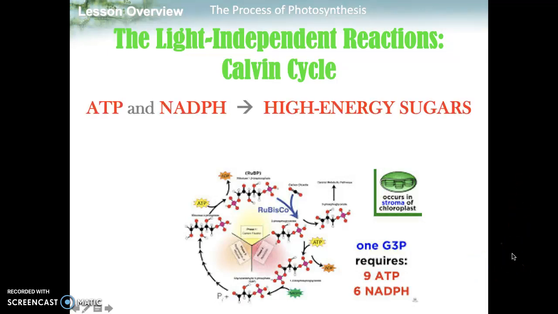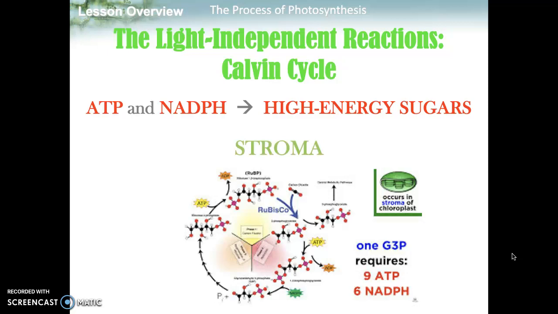And the first thing we're going to see in our overview here is that the ATP and NADPH that we previously produced in the first half are going to be used to make high energy sugars, specifically a monosaccharide called glucose. Okay, so the energy from the ATP and the NADPH is going to be put into the glucose.